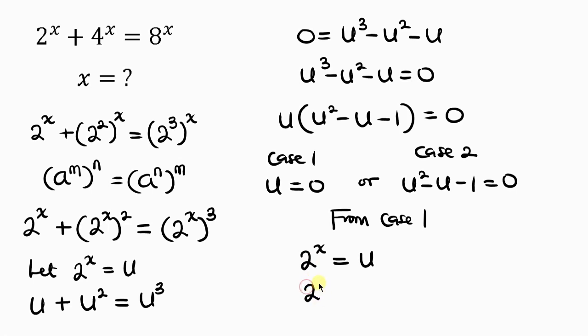So 2 to the x is equal to, the value of u for case 1 is 0. But notice, we cannot raise 2 to any power to give 0. So there is no power that 2 can be raised to give 0. So we're going to be rejecting this case. So this is rejected.